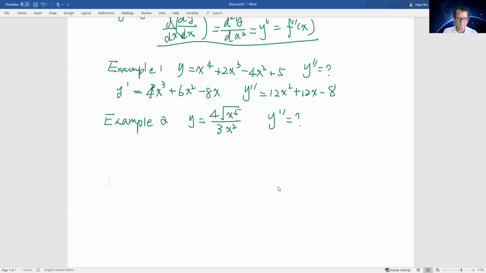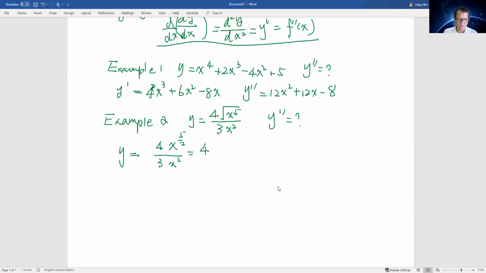Let's do the first step. I would like to simplify this function because you have x to the power 5 and then x to the power 2 underneath. So I'm going to change the top to x to the power of 5 over 2 and the bottom is x to the power of 2.